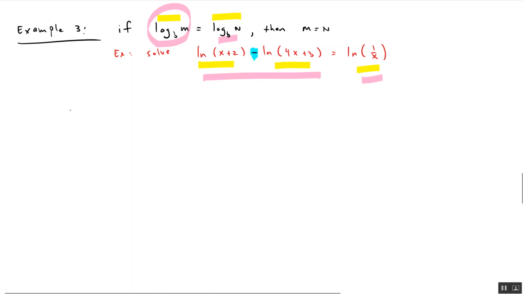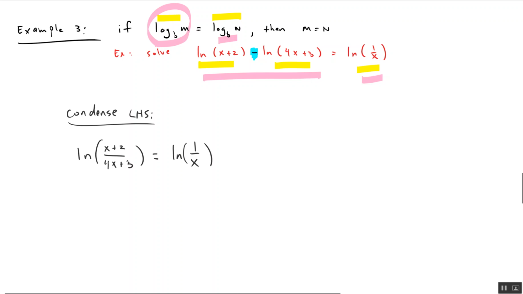So if we condense the left-hand side, then we get the natural log of x plus 2 divided by 4x plus 3. And then the right-hand side stays the same.